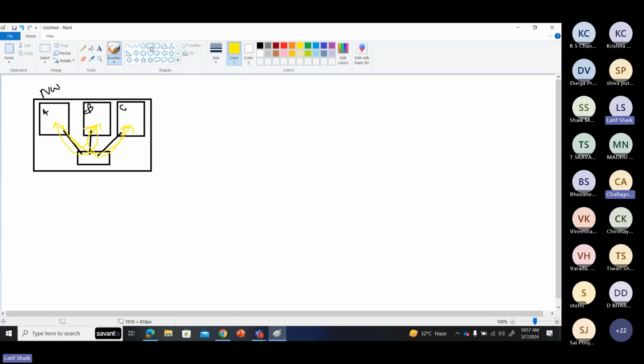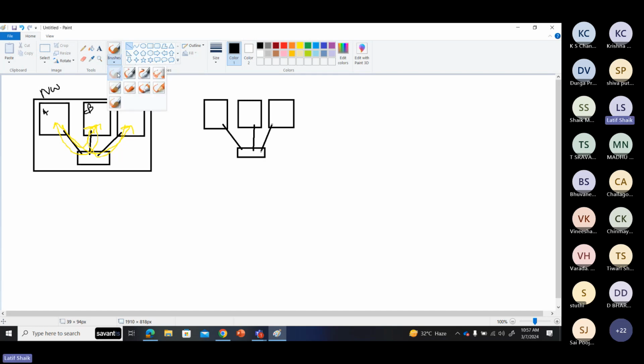So I have another network. Very good. I have another network. These are also connected to each other. That is network one. For example, this is network two. I put different names for these, A, B, C, D, E, F, and this is a network.